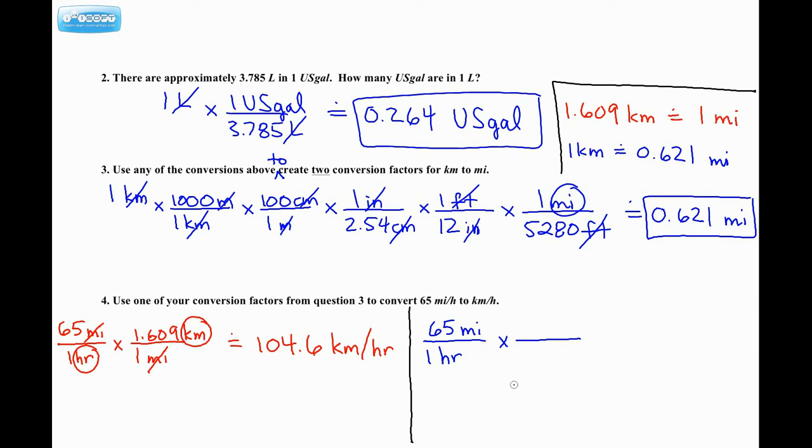So if the miles cancel, that means I put the 0.621 miles down there. So I put the 1 kilometer up here. So the miles cancel. And I take my calculator and I work this out. And lo and behold, what do I get? 104.6 kilometers per hour.